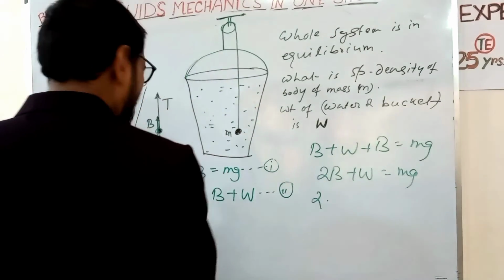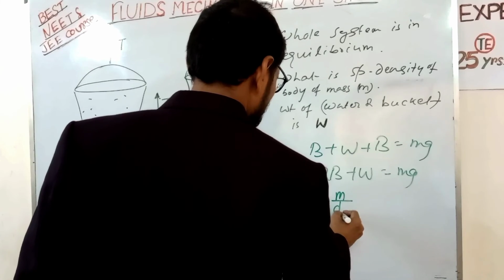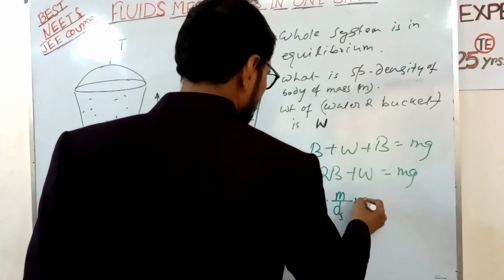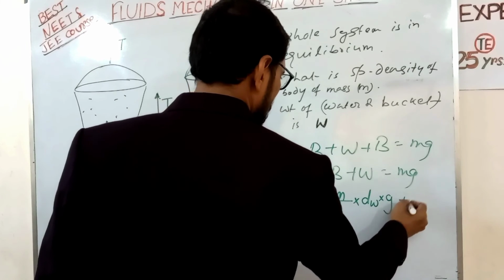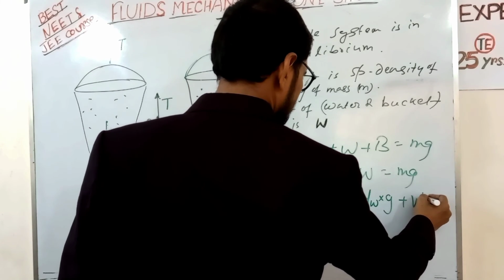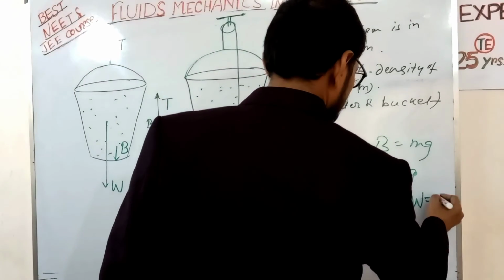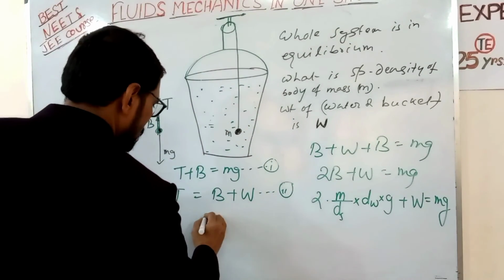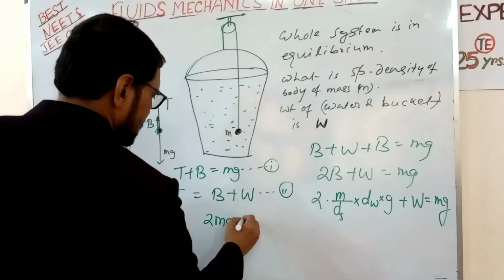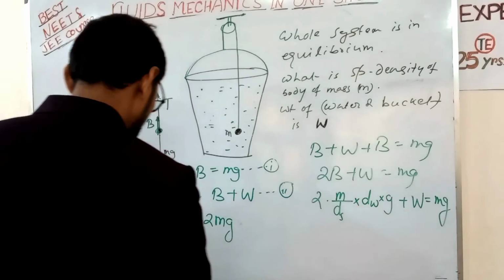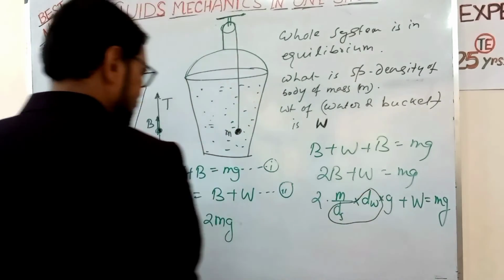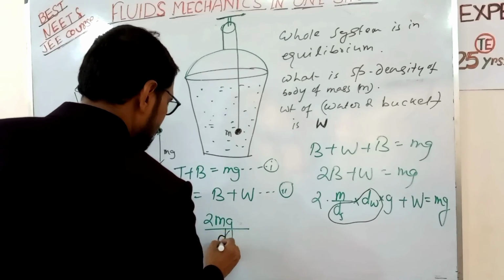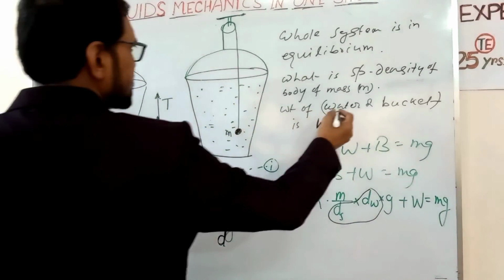Buoyancy force equals volume times density of the water times g. Suppose the specific density is d.